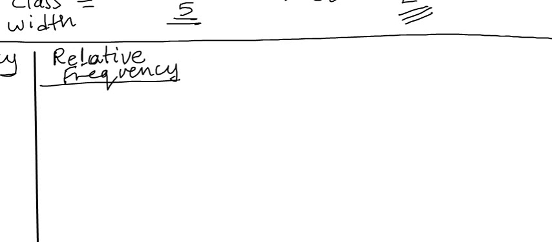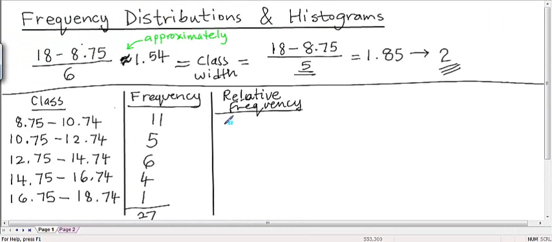Okay, so for example, in the first class I have 11 pieces of data out of 27. Okay, and you don't have to actually write the words 11 out of 27. You can just do the calculation, and that turns out to be 0.407, or 40.7%.